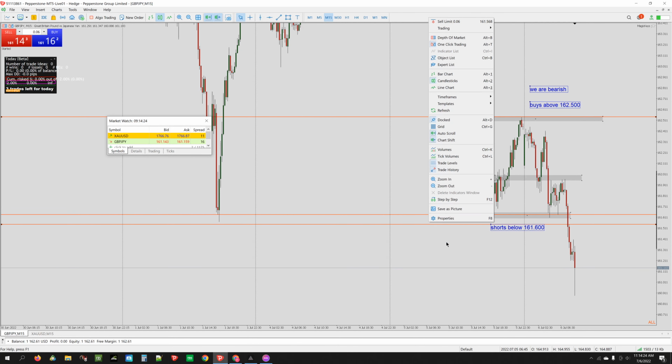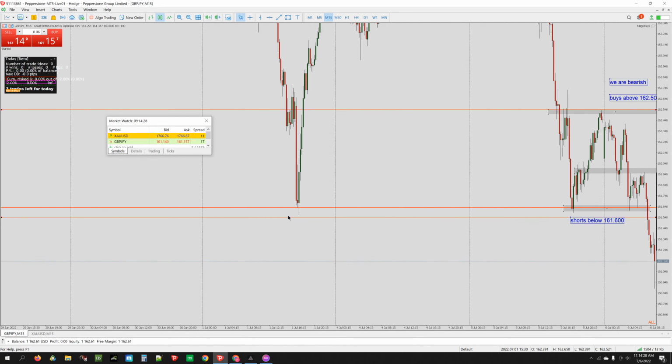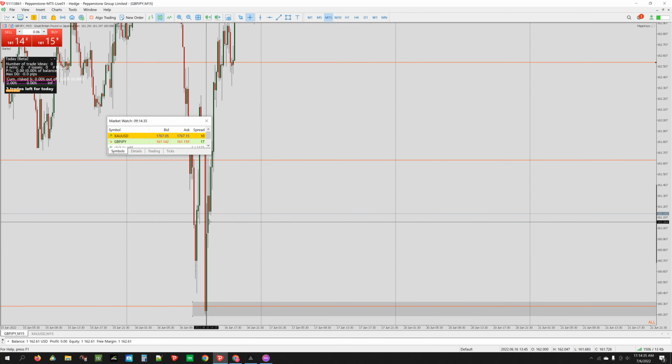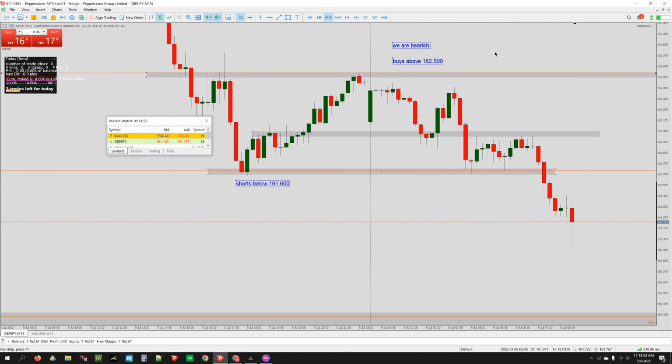Oh no, let's delete this and let's go back again. Yes, there is some sort of support. Below this support there is a clean move of 80 pips. So what we will do, we will also draw this.